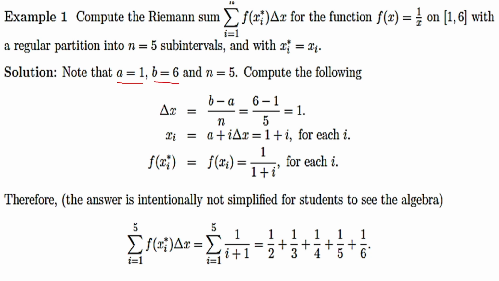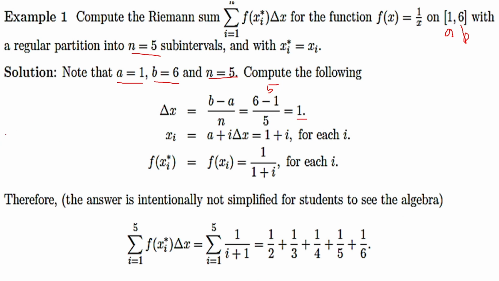Where did we get this? Here, a and b. And n is given here, n equals 5. Therefore, when we get the delta x, which is b minus a over n, we just substitute. It will be 6 minus 1 over 5. 6 minus 1 is 5, divided by 5 is 1.